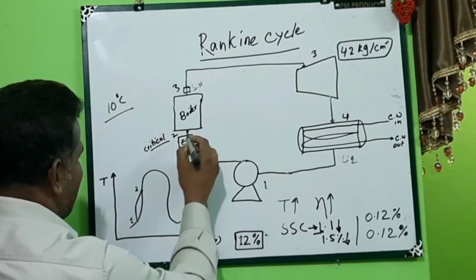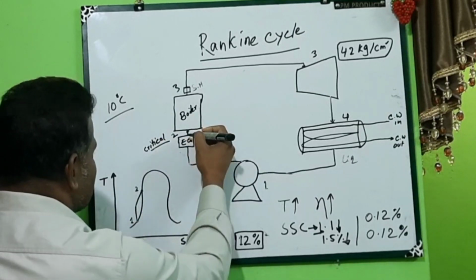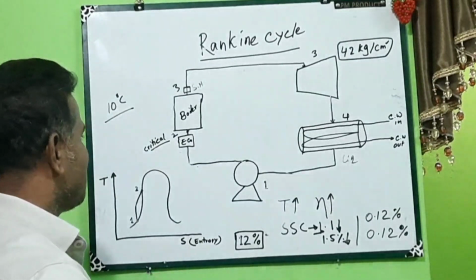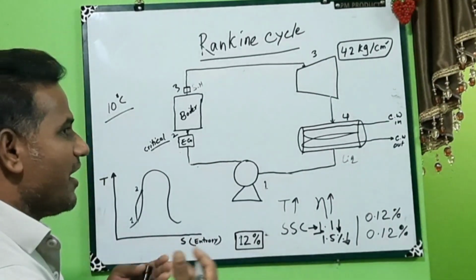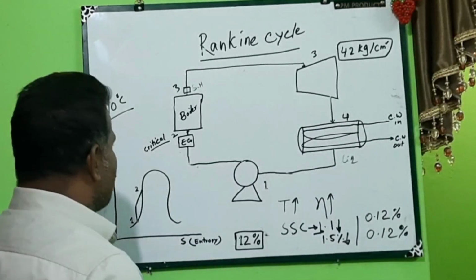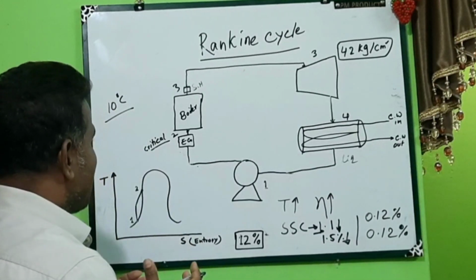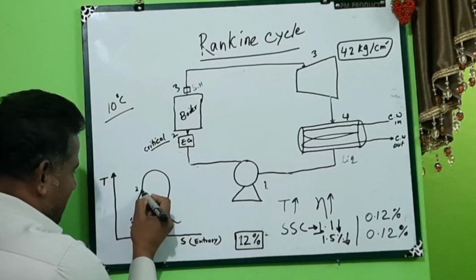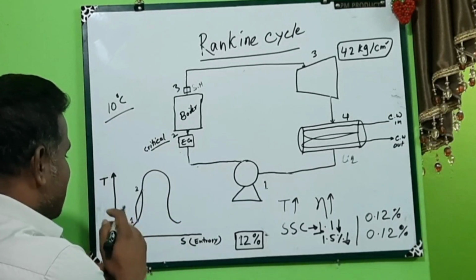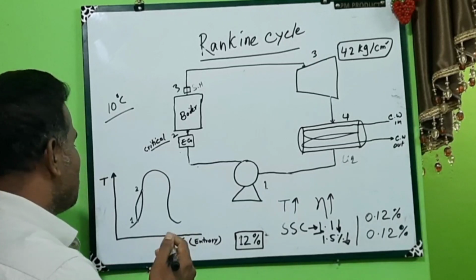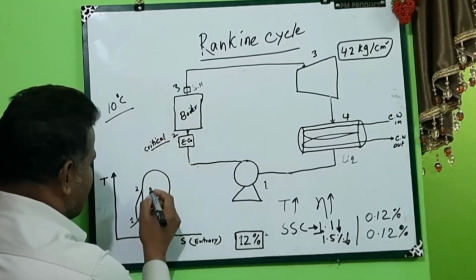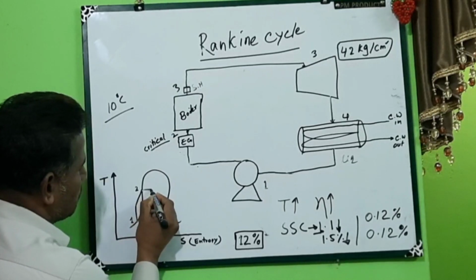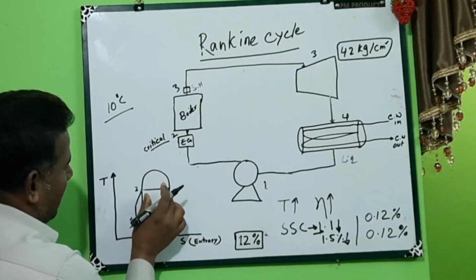So after passing the economizer, this flow will go to the boiler, and you know about the boiler. On the boiler side we are providing heat. So heat will be added here, but at this point, after completing the sensible heat, the temperature does not increase but heat is still added. The boiler side is at constant pressure, that's why it goes in a straight line up to this point.